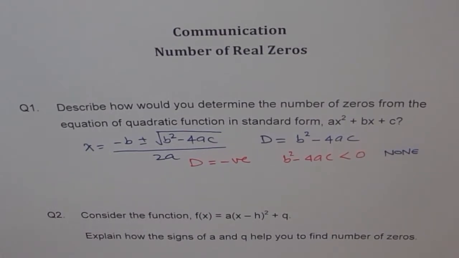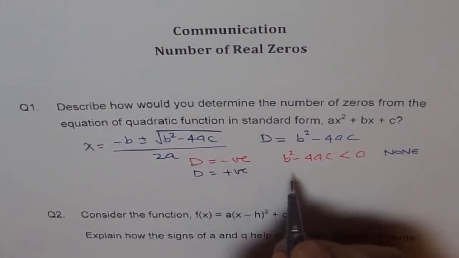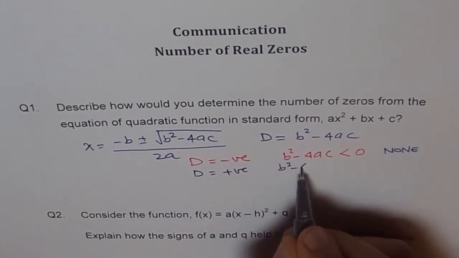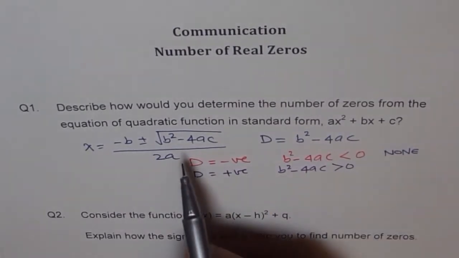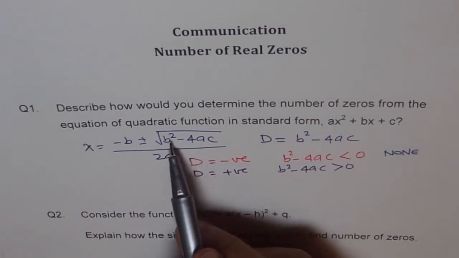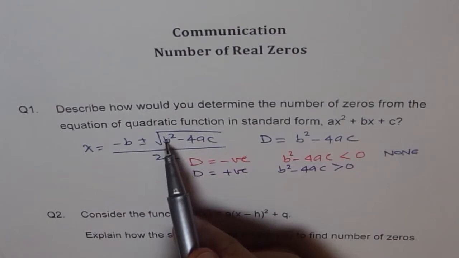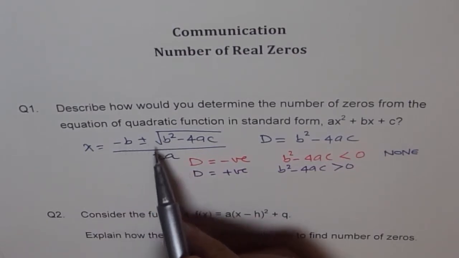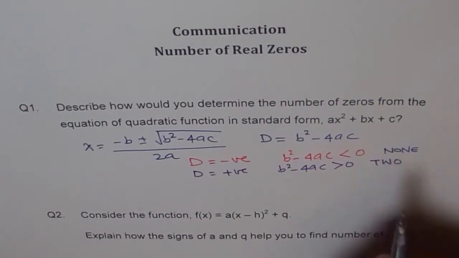But if we have D positive, right? That means b squared minus 4ac is greater than 0. In that case, this radical becomes a positive number, and for every positive number we have two solutions, right? Minus b plus or minus that positive number, divided by 2a, correct? So we have two solutions, correct?